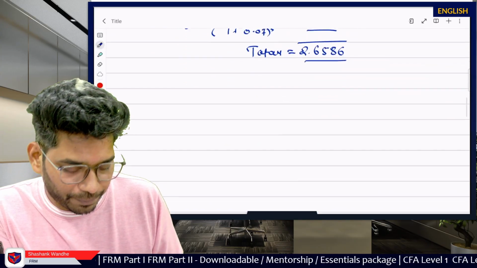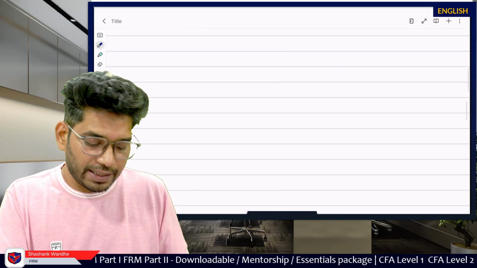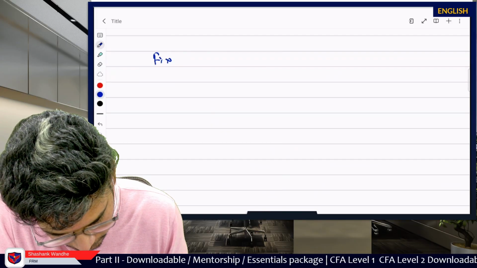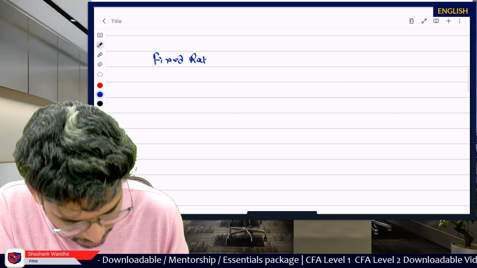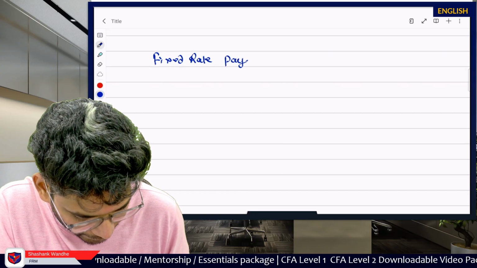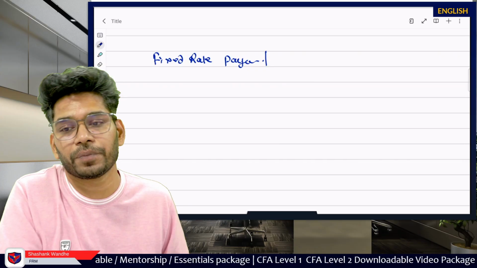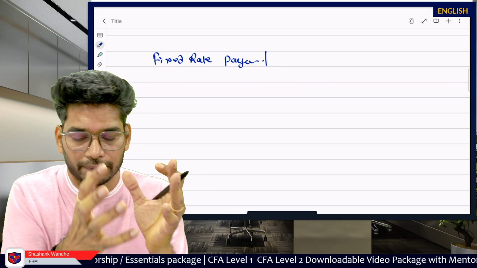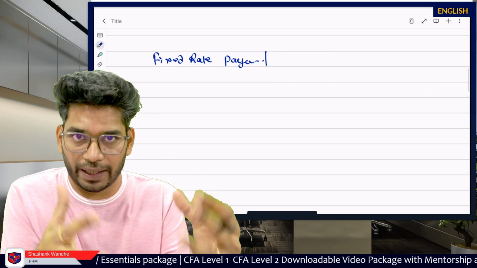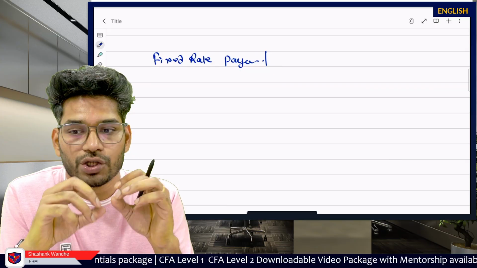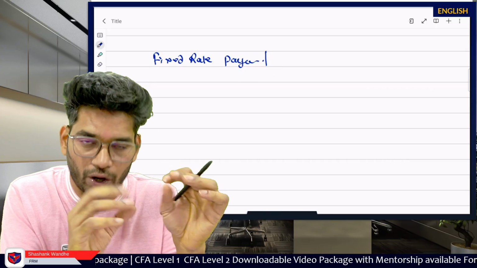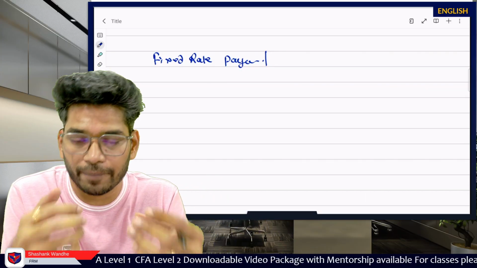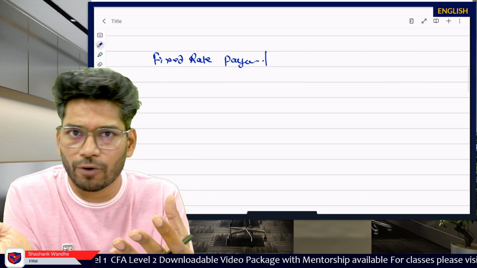Now remember, this is a fixed to floating rate swap. Here we are taking the fixed rate payer and the floating rate receiver. If I say it simply, you have one particular bond issued by you, on which you have to pay a fixed rate, and in exchange I will give you a floating rate bond, on which you will receive floating rate payments.